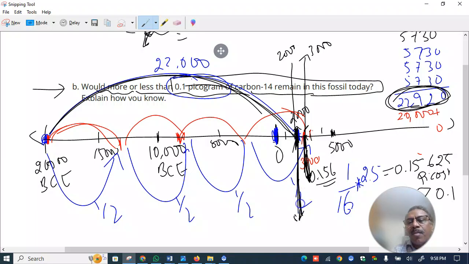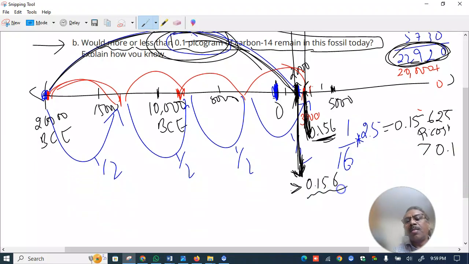So before there will be more here. Whatever this number is, it will be greater than 0.156. So this is greater, because the question was asking, would it be more than 0.1 picogram? Yes.